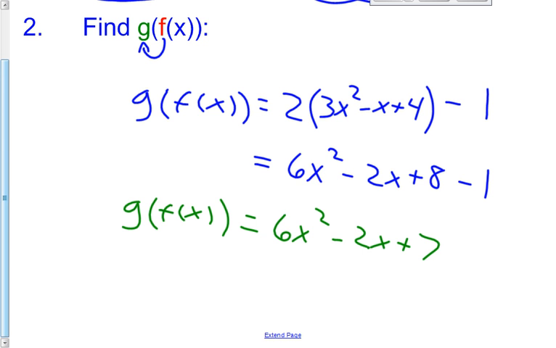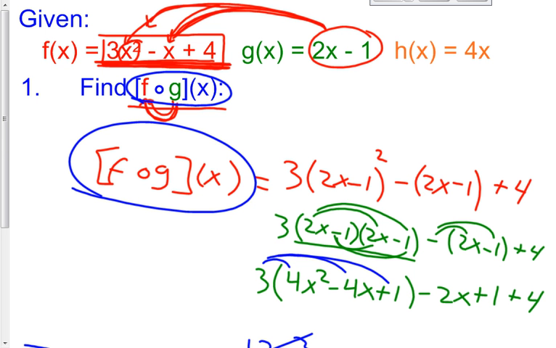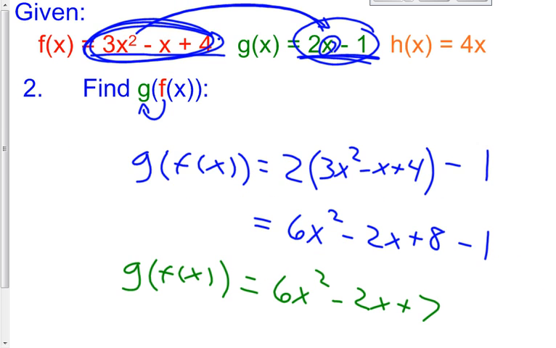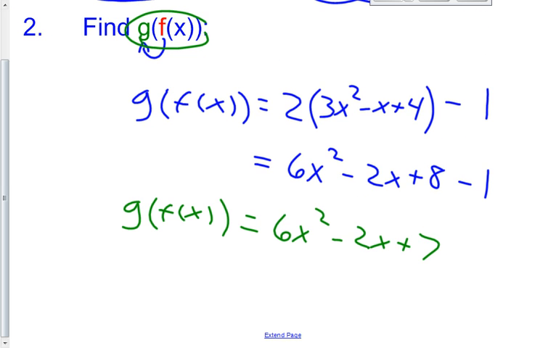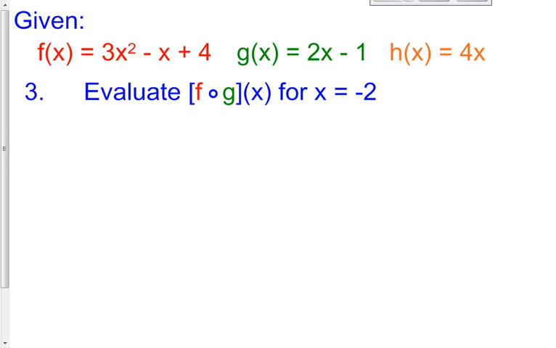All right. Now that you've learned how to do f of g of x and g of f of x, now class, what we're going to do is we're going to evaluate a number for these. So instead of getting a bunch of variables in our answer, such as this one, we're going to get one solid number. Okay?